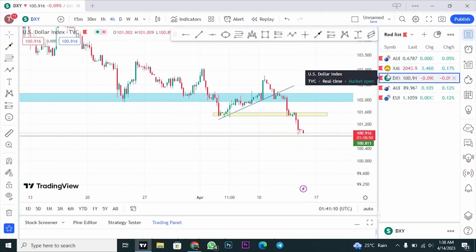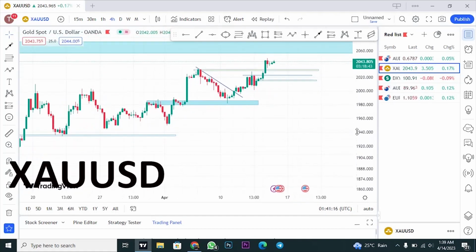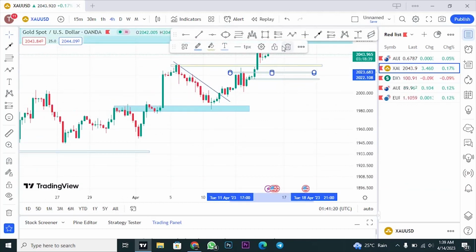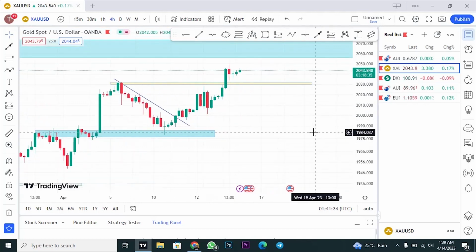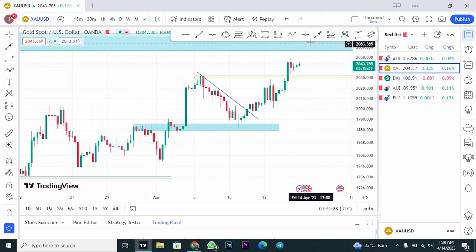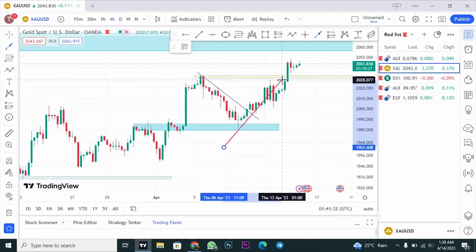And now as you can see, let's move on to XAUUSD. Let me clear this one and then this one. So now you can see on gold we have a very big impulsive move to the upside.